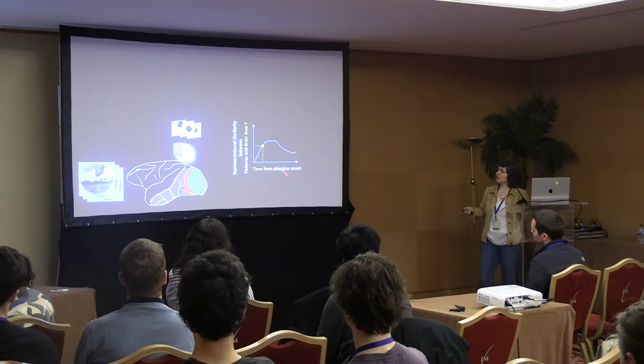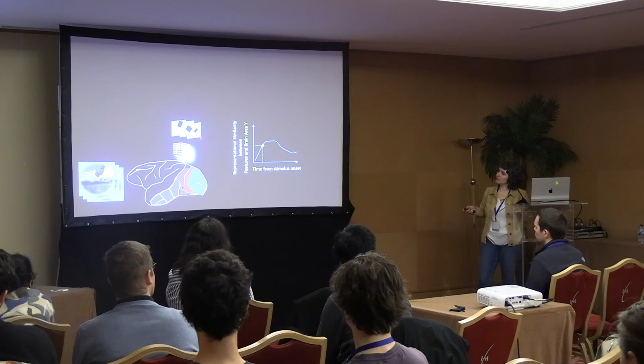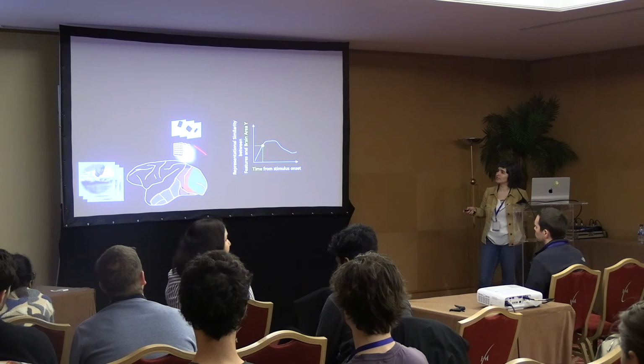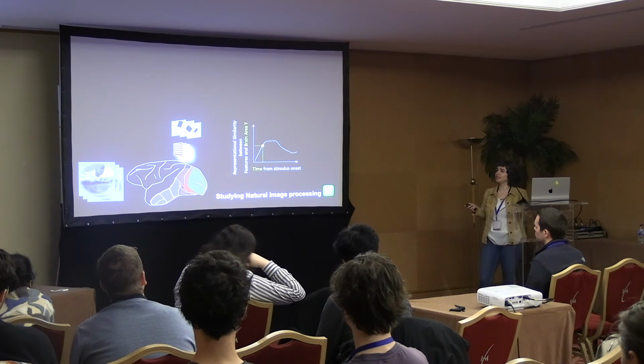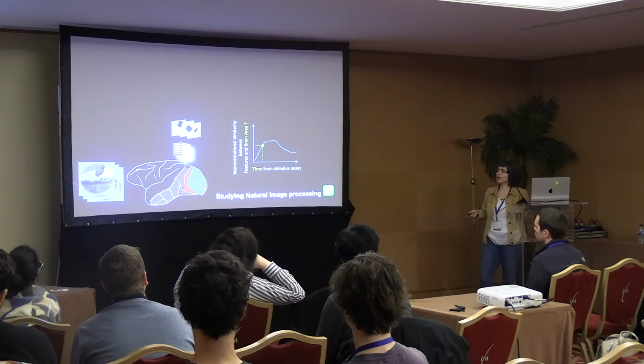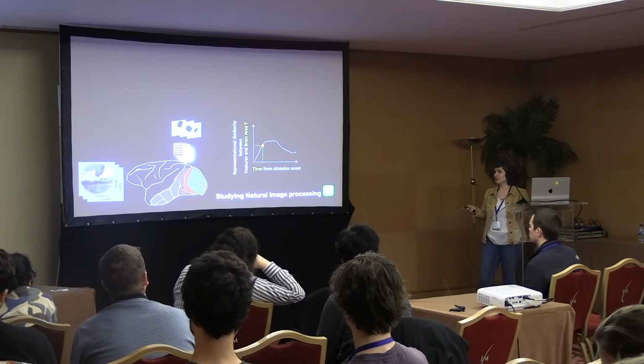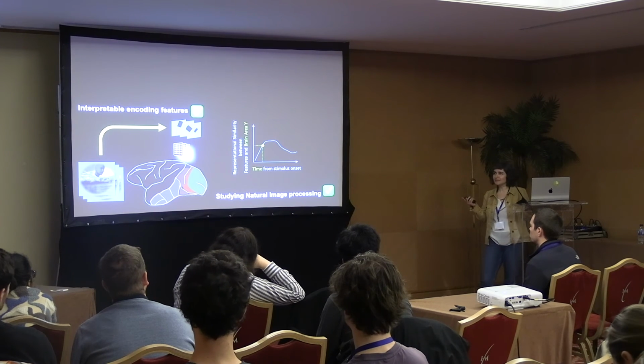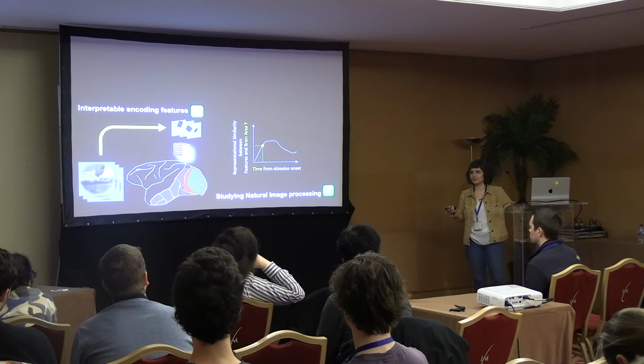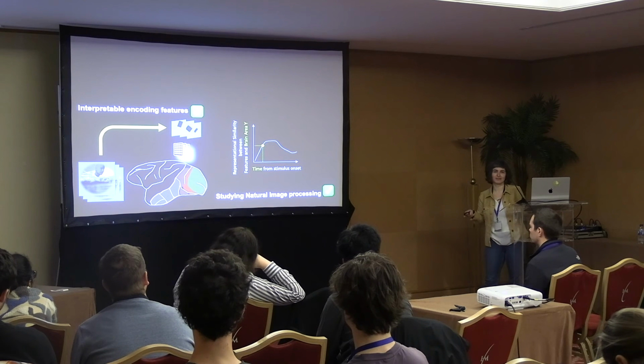And what we're going to see is how well these simple features can explain neural data in each of the brain regions. So as we can see, the monkey still looks at the whole image. So we are studying natural image processing, and we can say that these are interpretable features. It can't get any simpler.